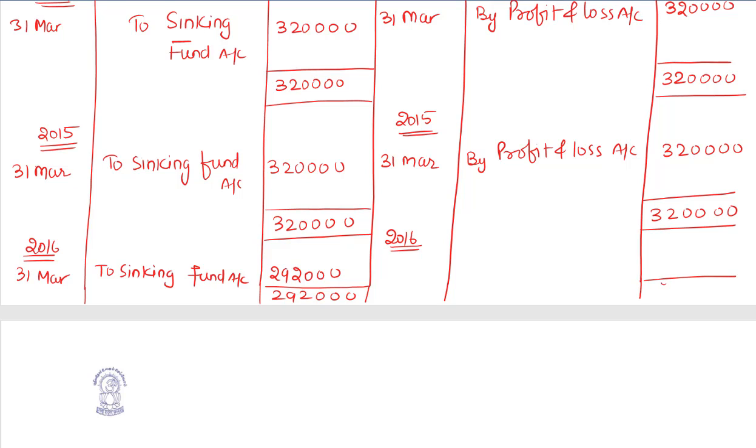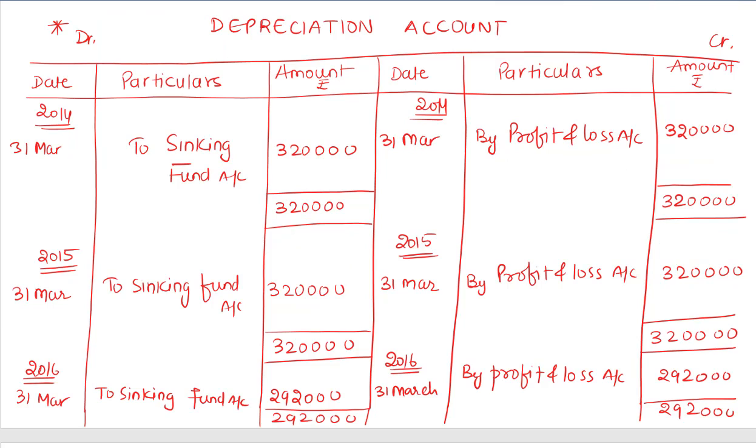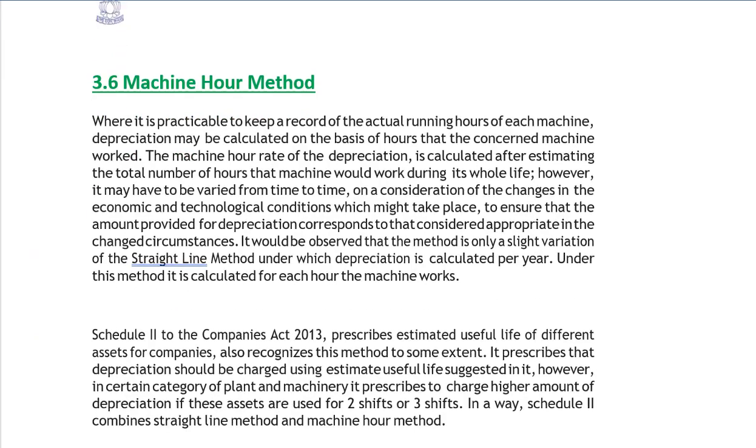This 2,92,000 will be transferred by profit and loss account, 31st March, 2,92,000.